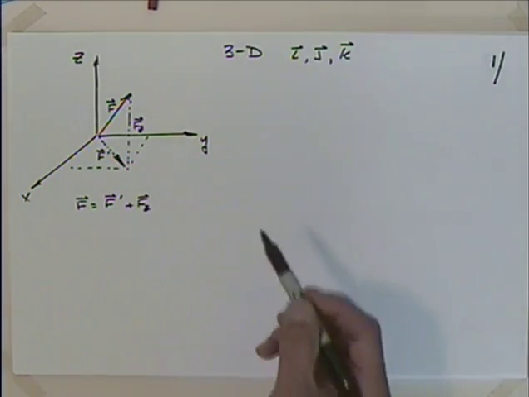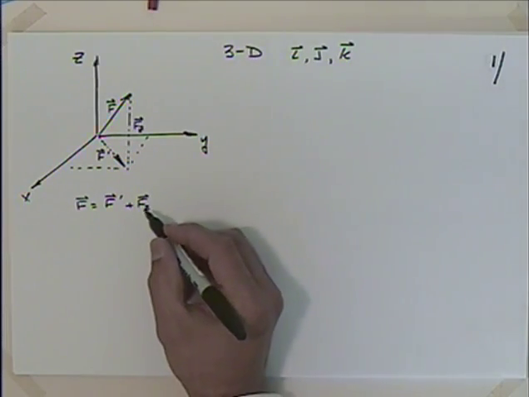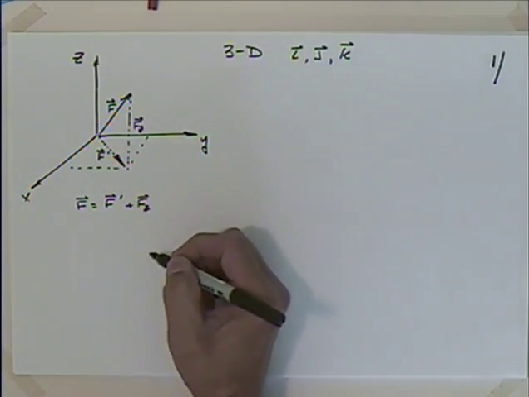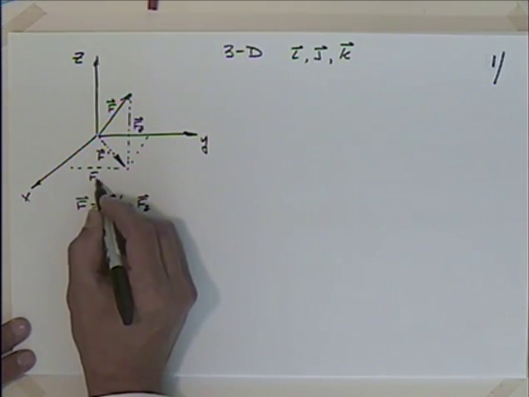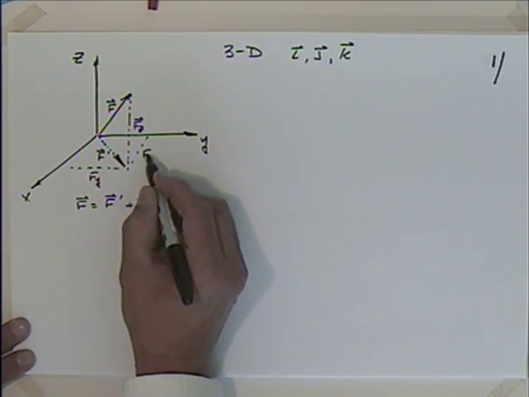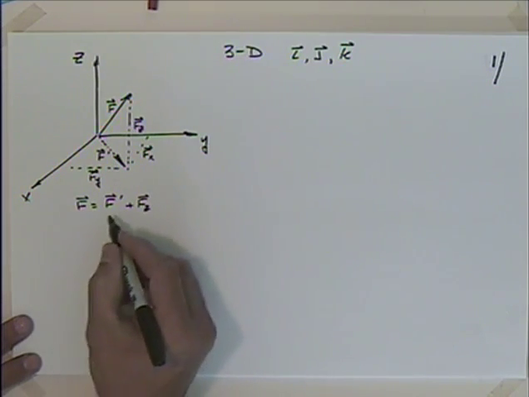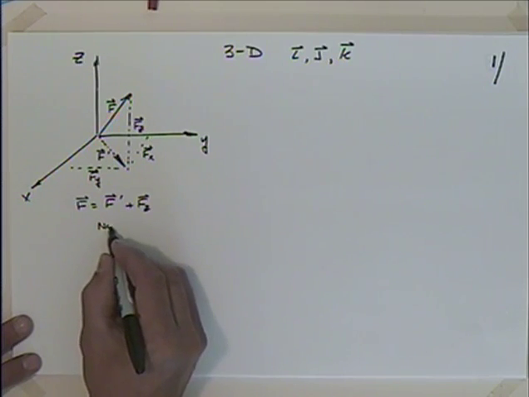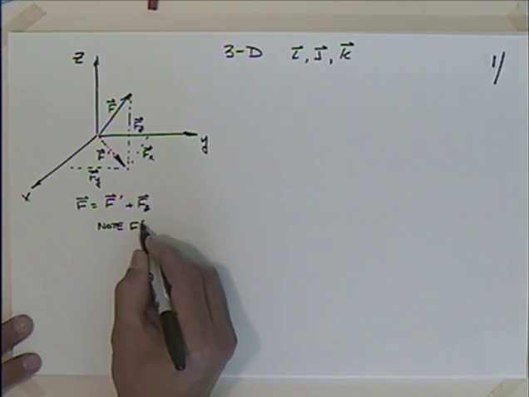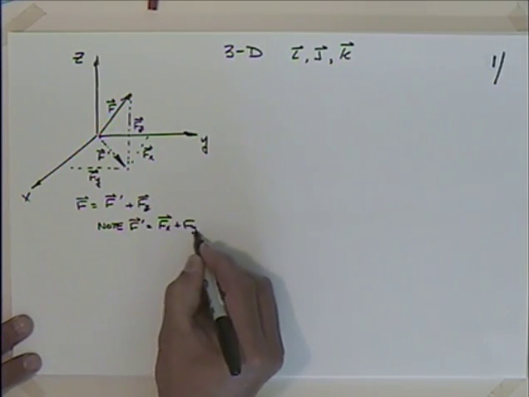So if we look at that as z, we could just add z to this. Really, in what we're doing, going from 2 dimensions to 3 dimensions, we really are just adding the z dimension to it. You can see that there. Now if we talk about the y, there's f sub y, and there is f sub x. We could add those, making the substitution that f prime is equal to fx plus fy.